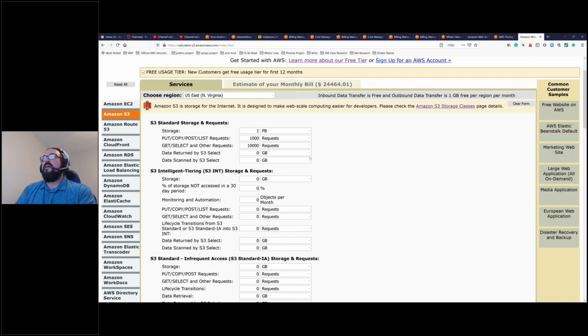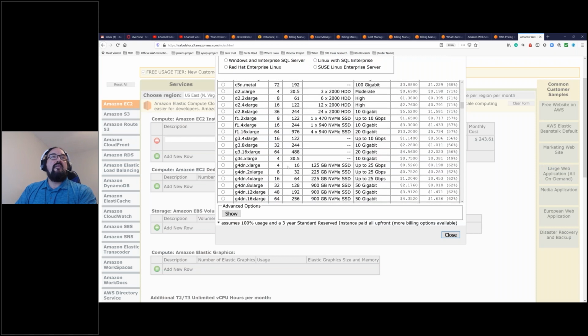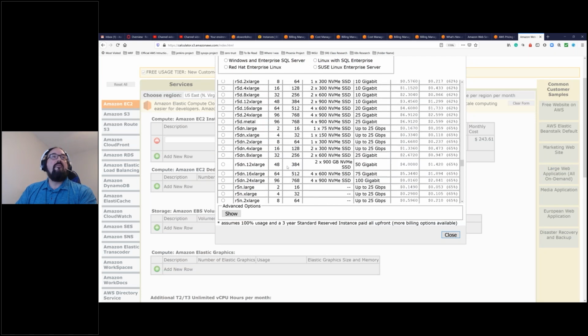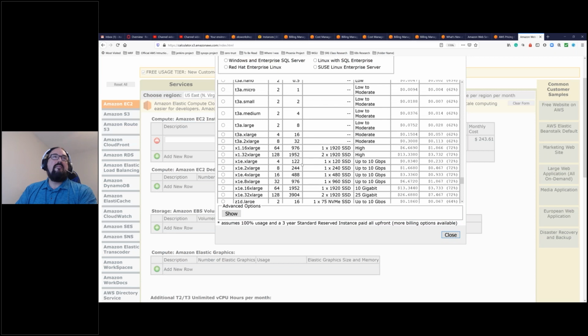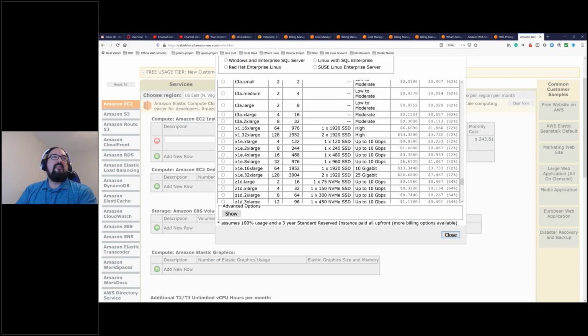Now, these characteristics may not make sense, but my point is that you can come in here and figure out how much things are going to cost you just by answering the questions listed here. Let's say you're using EC2 and you want to add, I don't know, a T3 2xlarge. Let's say I wanted to use a T3 micro because I'm just doing a little proof of concept, and I'm going to use ARM because I think that's a good option.